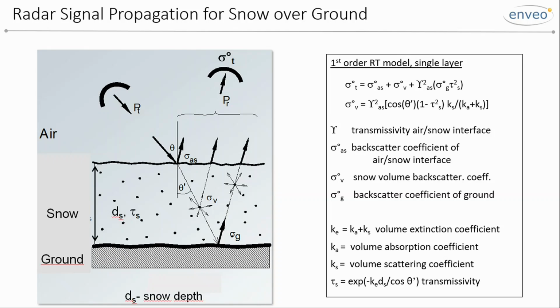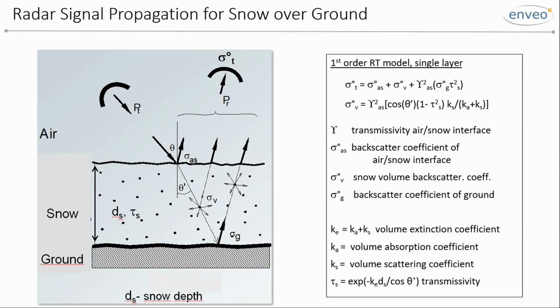When the radar transmits the wave, it goes through the atmosphere and hits first the snow-air interface. That's the first process, a kind of surface scattering process. Some part is reflected in some directions, and other parts go into the medium, into the volume.